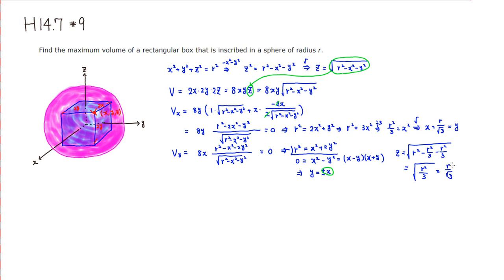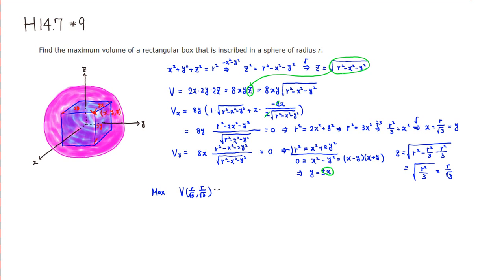So the maximum volume is going to be, actually we didn't really have to find z, but here, for the maximum volume you're going to have to plug in x equals r over the square root of 3 and y equals r over the square root of 3.